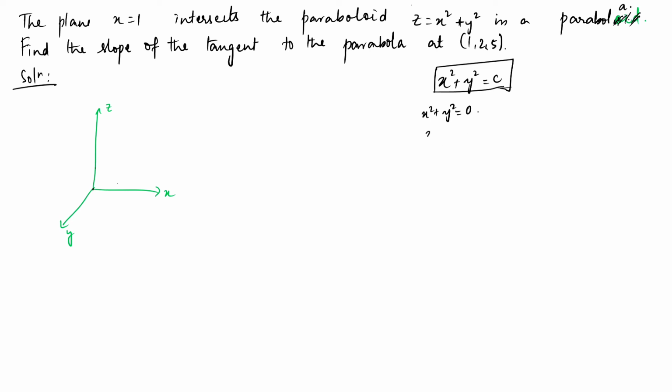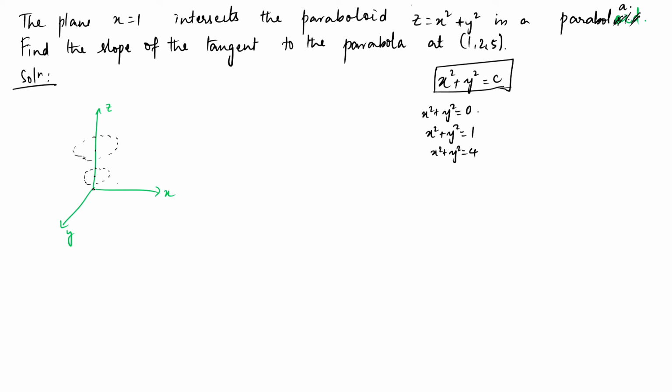If your z value is 1, you are going to have a circle of radius 1. If your z value is 4, then you will have a circle of radius 2, a bigger one.